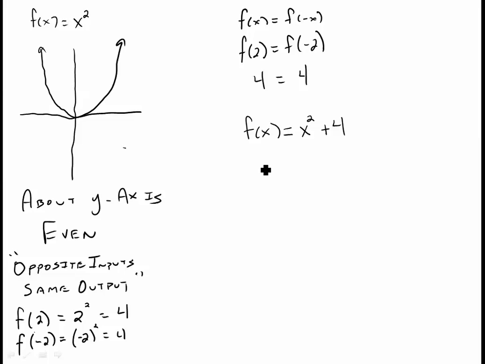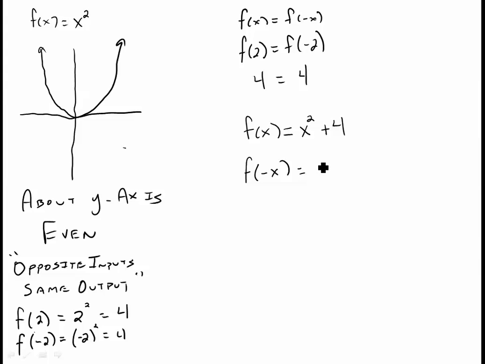Another way to phrase the question is, if f of x equals x squared plus 4, what will happen if I were to substitute in the opposite of x? All right, so now I'm generalizing a procedure rather than using one specific thing, 2 and negative 2, or 3 and negative 3. I'm using x, and I'll get x squared plus 4, and the opposite of x. I'm testing everything and every opposite.